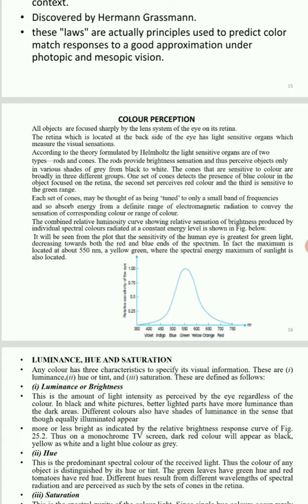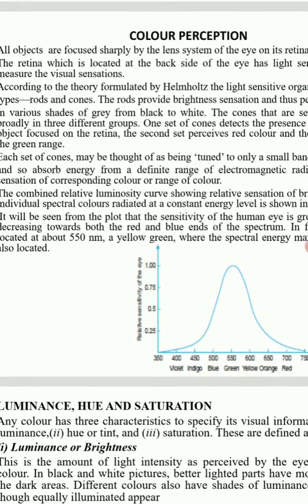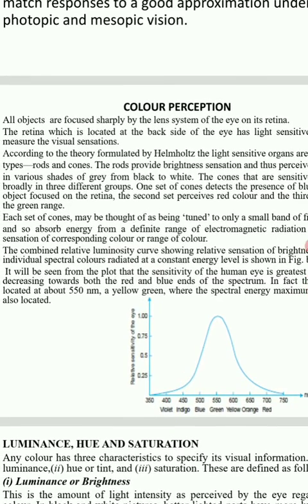They are showing on the x-axis the different colors: violet, indigo, blue, green, yellow, orange, red. And you can see here on the y-axis they are showing the relative sensitivity of our eyes.